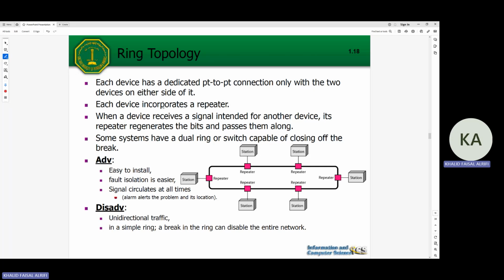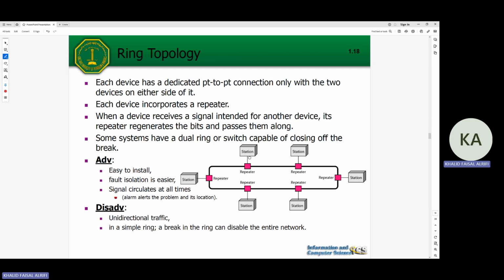Each device incorporates a repeater. This is a repeater, as you can see. Each device has a repeater. When devices receive a signal intended for another device, its repeater regenerates the bits and passes it along, which means if this station wants to communicate with this station at the end, it will go to the first station.